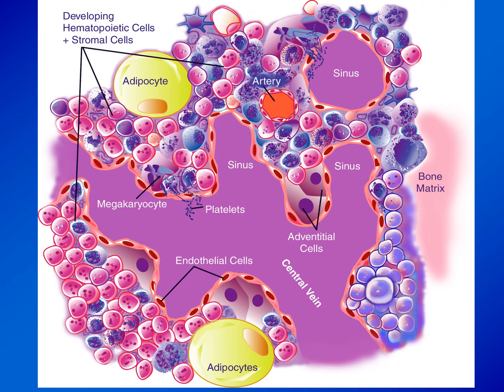This is the diagram that shows you that the hematopoiesis occurs around the sinuses. The fat cells, the endothelial cells line the sinuses, and the hemopoietic elements, as they mature, are moved into the sinus, and from the sinus they go into the central vein and into the circulation.